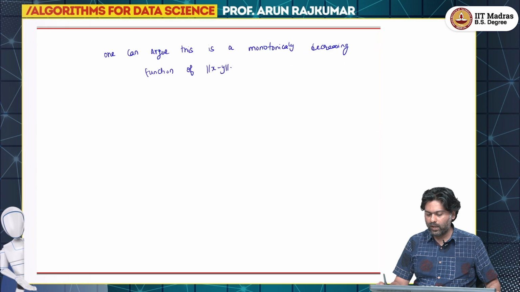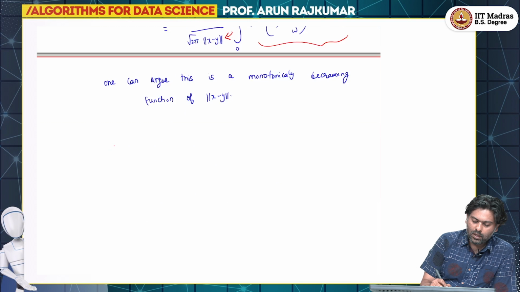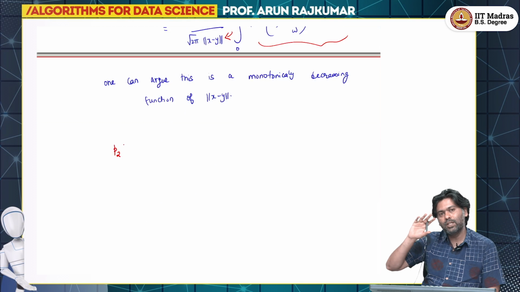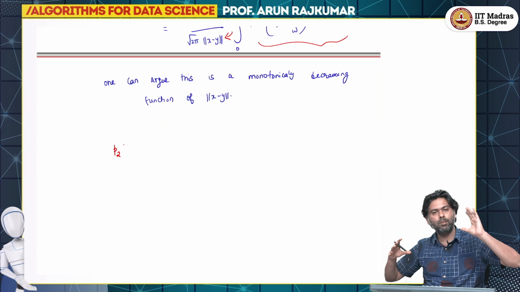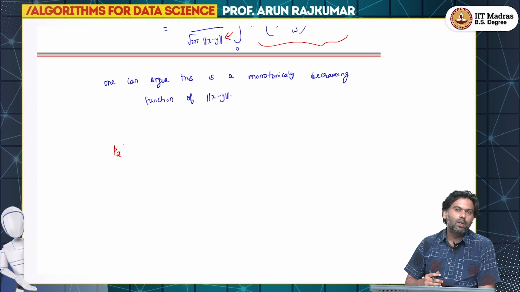So, why is that helpful for us? Because remember, we need to argue that the hash family is R, C, P1, P2 sensitive.